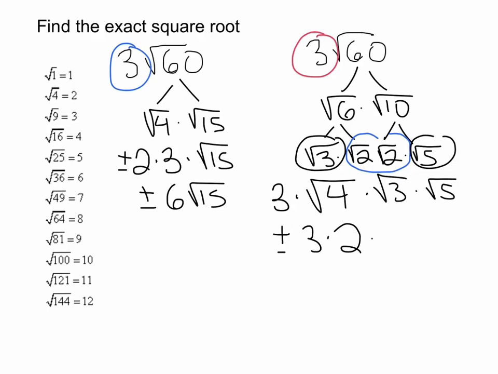And I'm going to multiply square root of 3 times the square root of 5, and I'm going to get the square root of 15. Now I can multiply 3 times positive and negative 2, and I get positive and negative 6 times the square root of 15. And for this example, I pulled that positive and negative in front of the entire example. And our simplified expression is positive and negative 6 times the square root of 15, same thing that we had here.